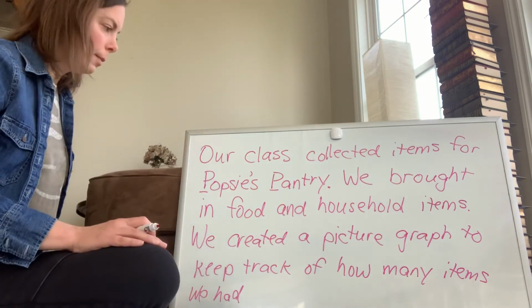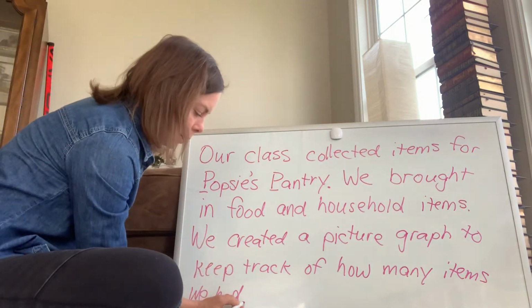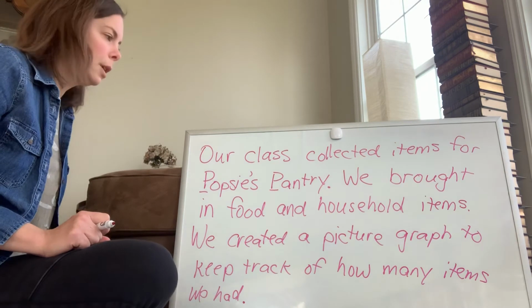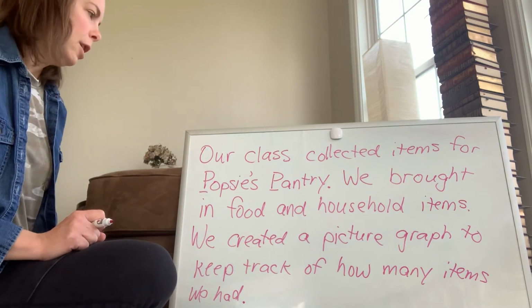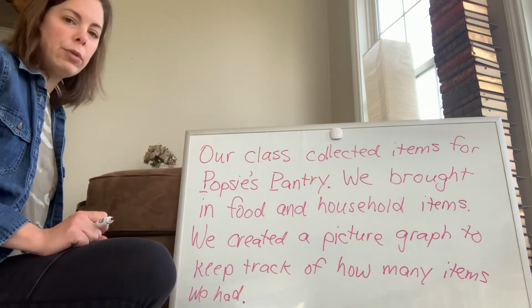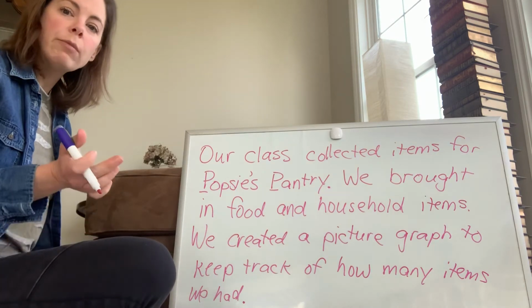Okay. My period didn't come out quite right. There we go. We created a picture graph to keep track of how many items we had. So I need one more detail before my closing and I'm running out of space.